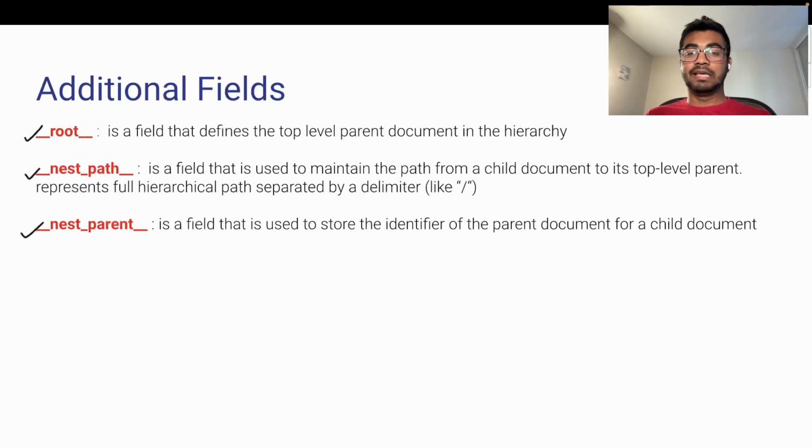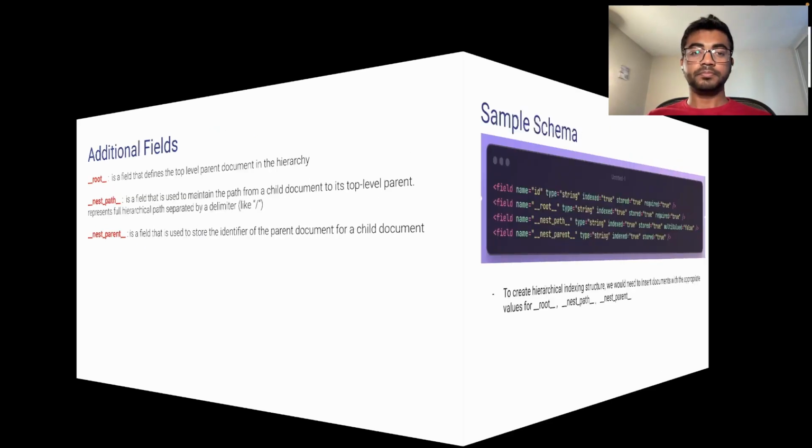The root is defining the top-level parent document. Nest path is a field representing the path from the root to the child itself. It's representing the whole path, separated by a delimiter like a backslash. Then there is nest parent, which is used to define what exactly will be the parent document for this document. Okay, we'll see an example.